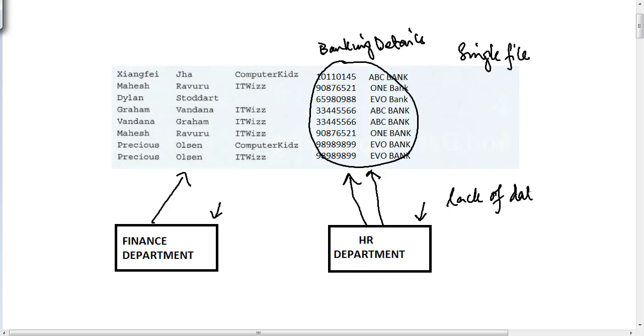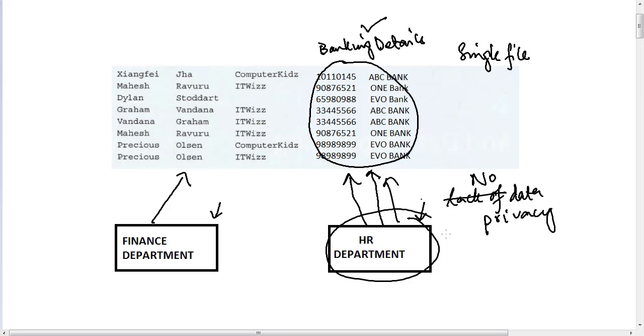There is no data privacy, because anybody who has access to this file will be able to see all the records and all the fields in the records. So even though the banking details are not meant for somebody in the HR department, he's still able to view all of these details.